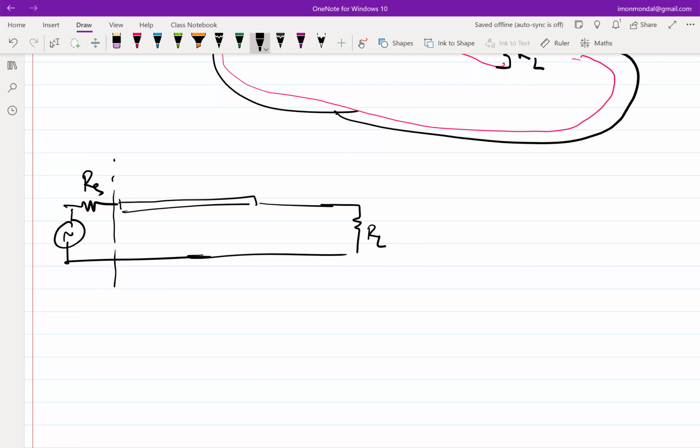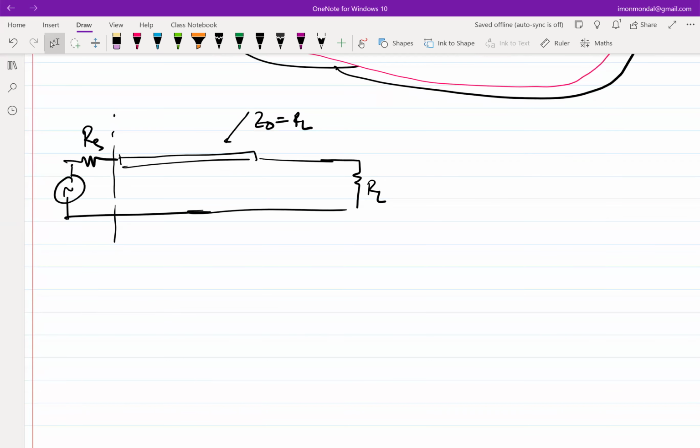Now to ease calculations, I'm just assuming this guy is matched to RL, but it need not necessarily be the case. In fact, it's not the case. It's not normally matched, but you will get the same kind of intuition, but with a slightly messier result. But let's assume that this is equal to RL, just to motivate why this can be an issue. So what is V1 plus?